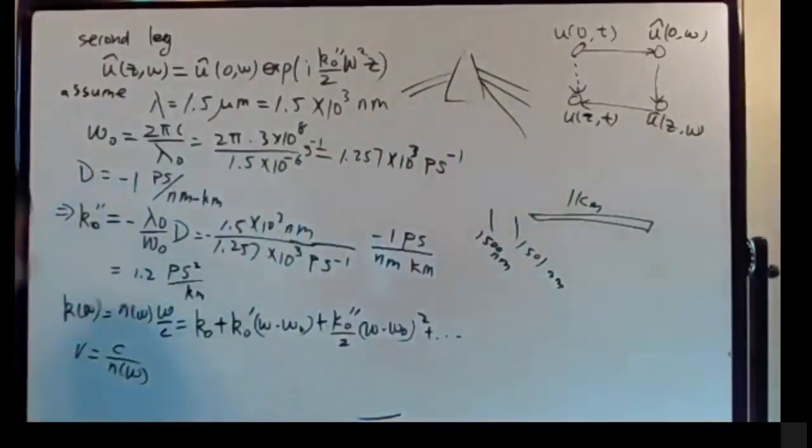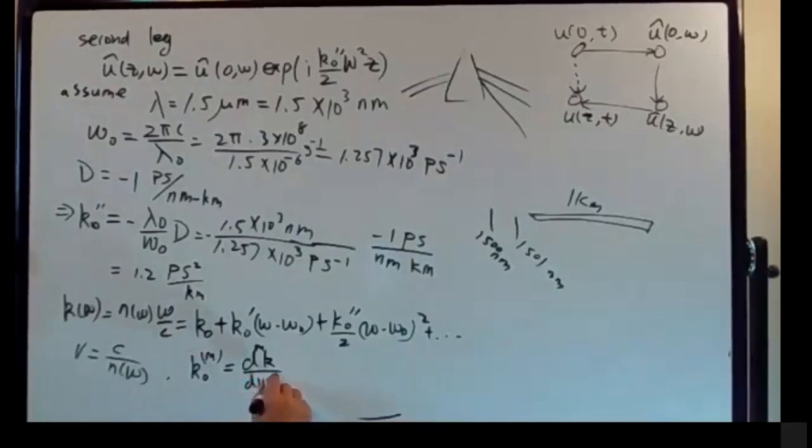So let's take a look. In this case, k naught m, this m means the derivative of m-th order, d omega m.